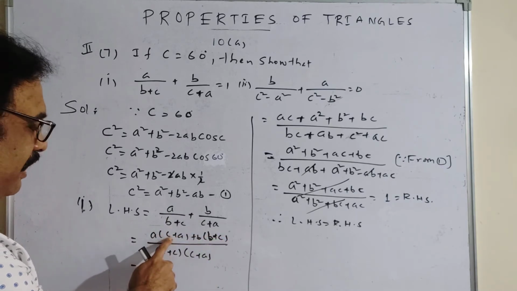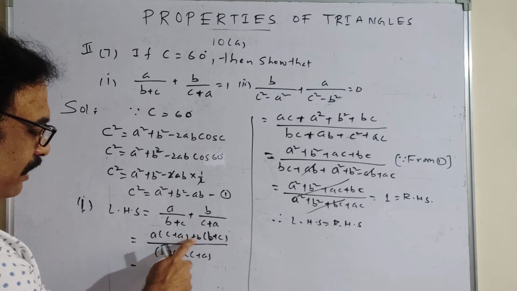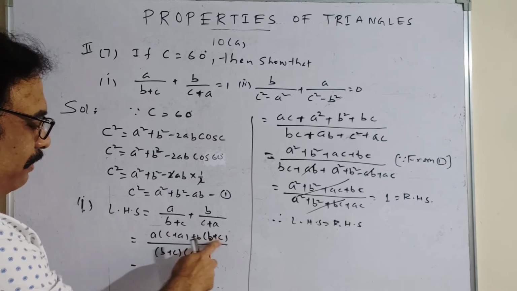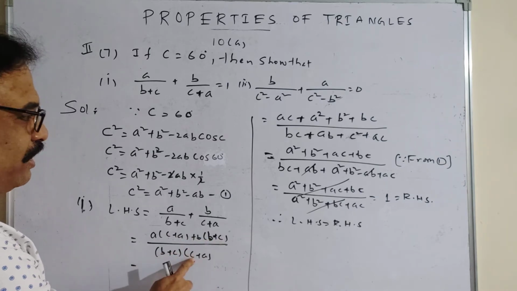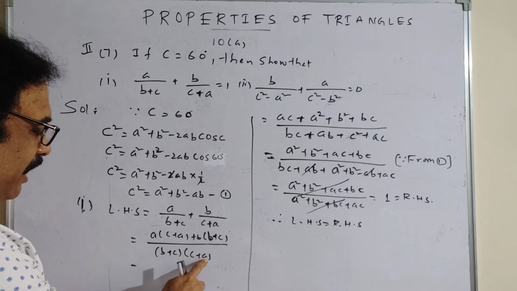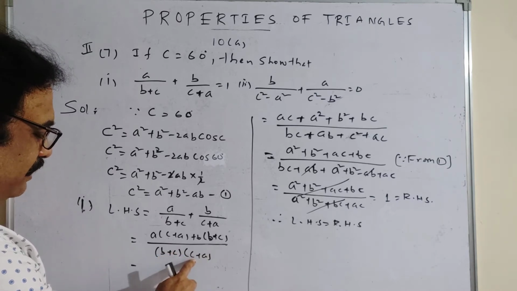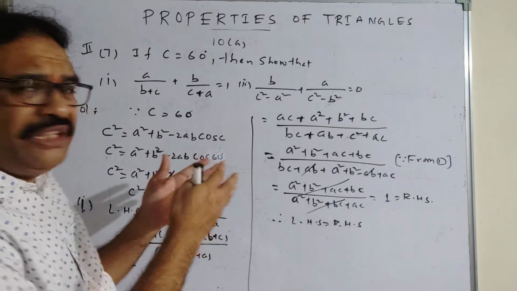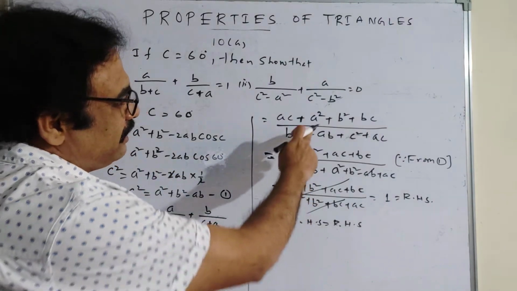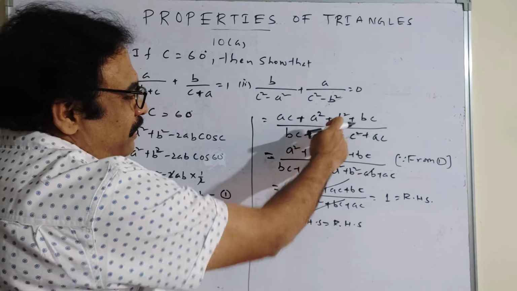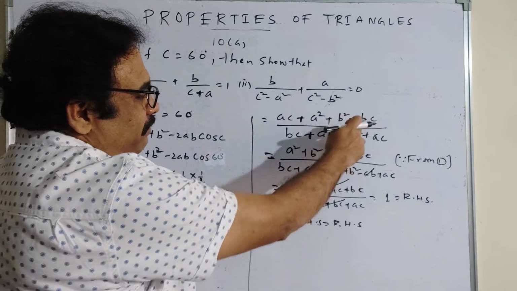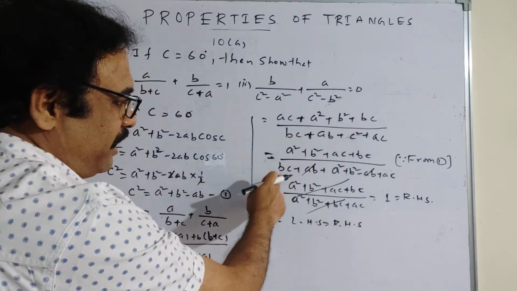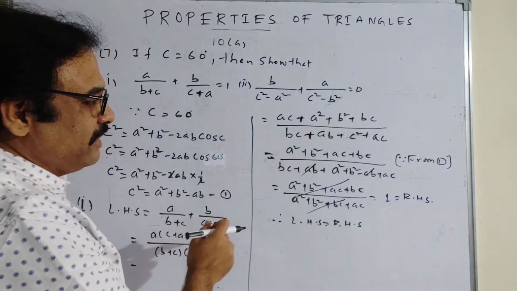Now a into c is ac, a into a is a square, b into b is b square, b into c is bc, and b into a is ab. I will write in order: first a square plus b square plus ac plus bc, now bc plus ab as is.